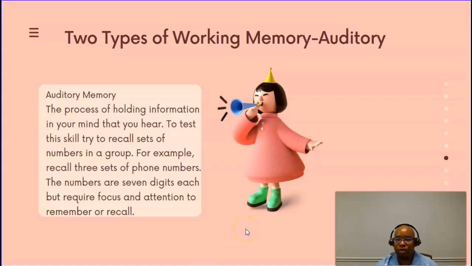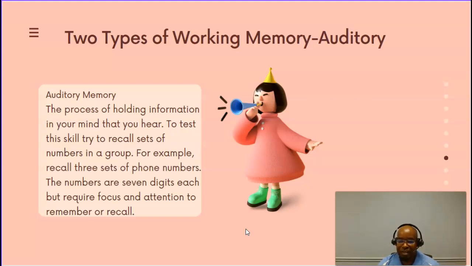So we're going to discuss the two types of working memory, and that's the auditory, which is the holding information that you hear. As far as a test, an example of this would be recalling 3 sets of phone numbers, 3 phone numbers of your friends.